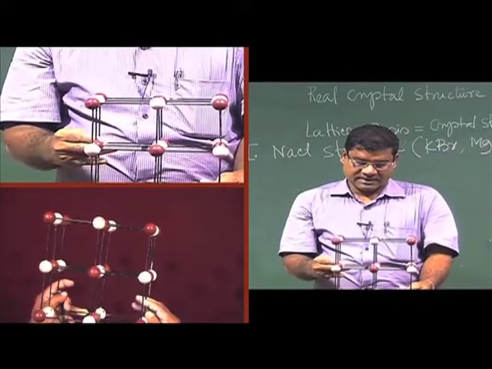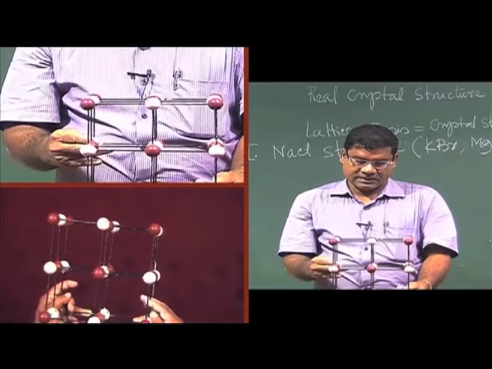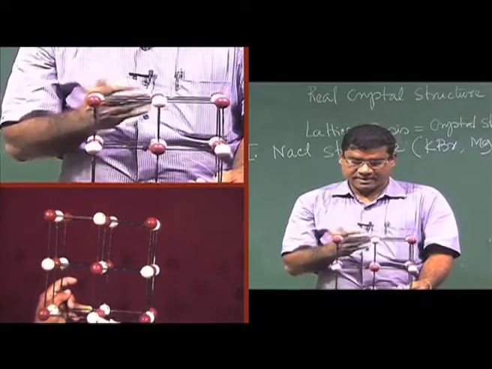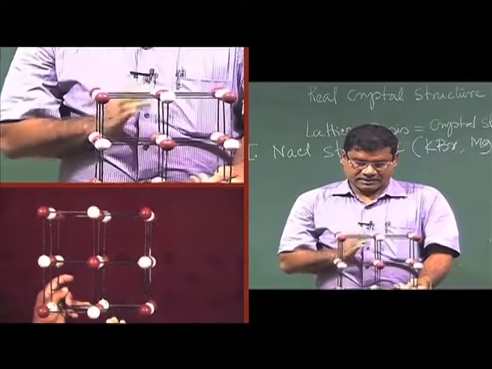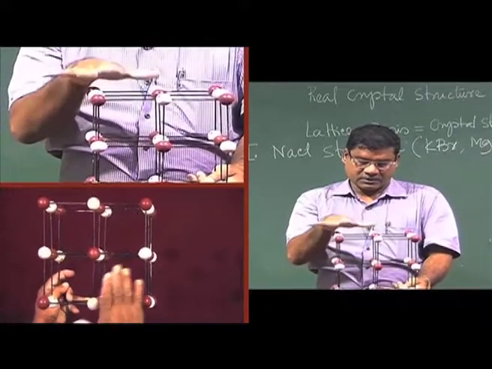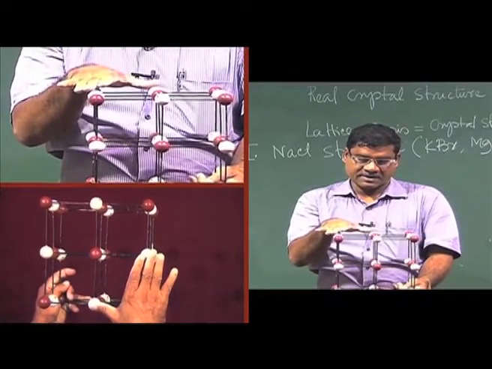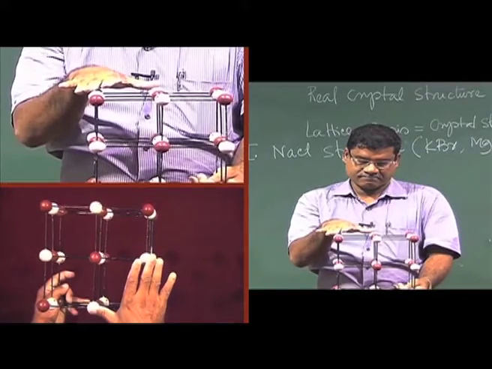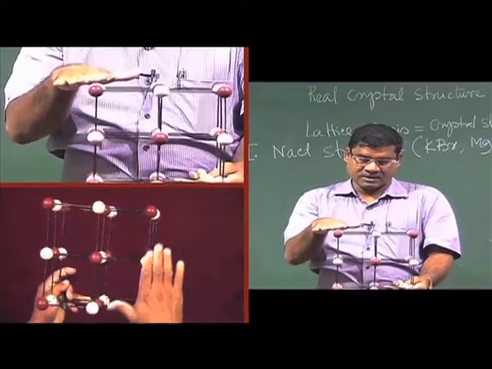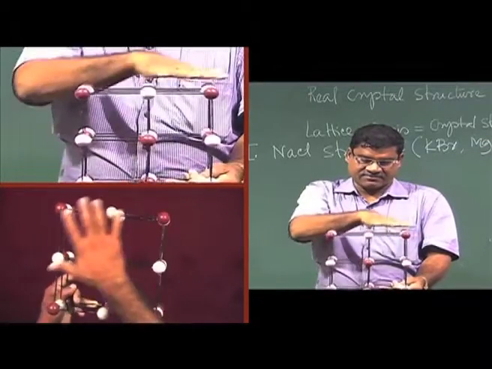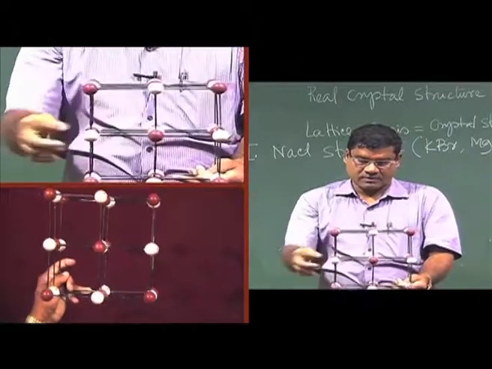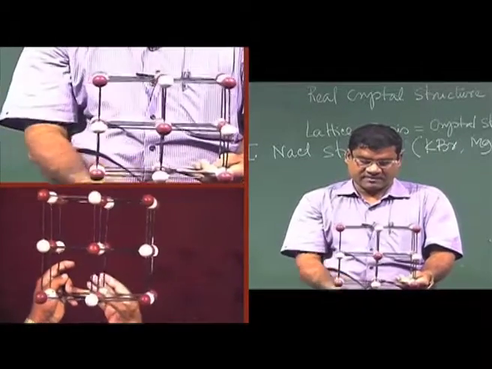If you just consider the white ones, this also can be treated as an FCC. Just the brown ones: 5 brown, then 4 brown in the middle, then again 5 brown.